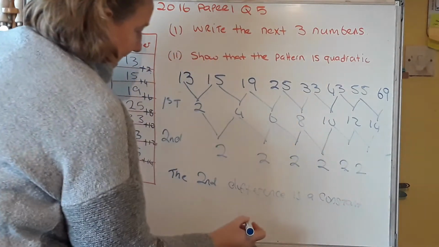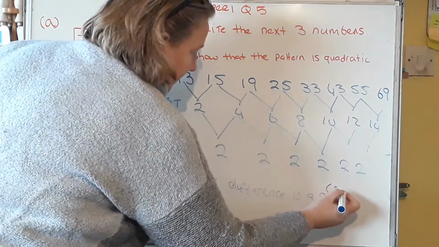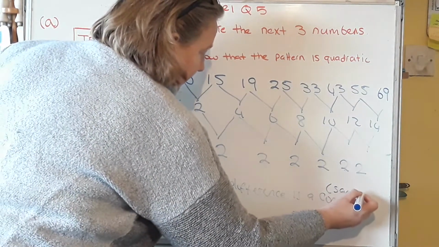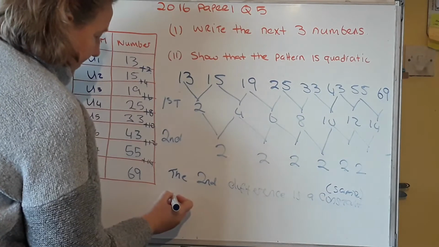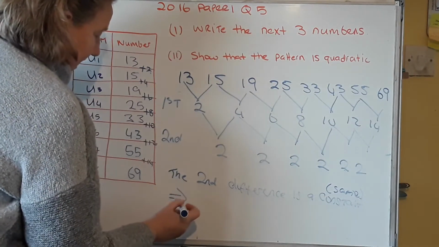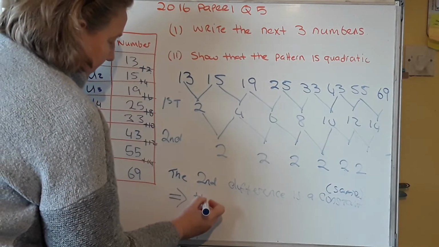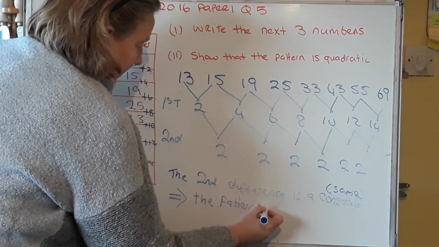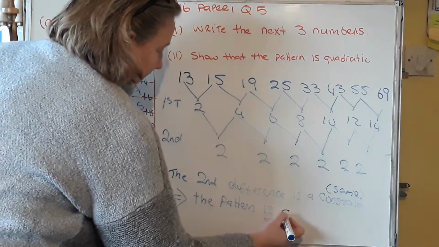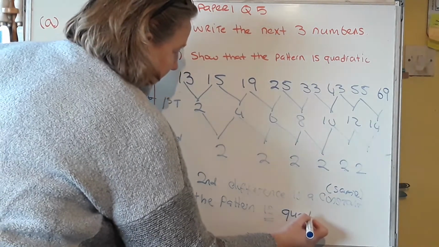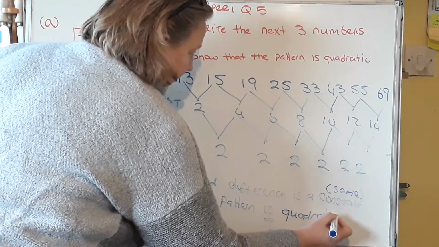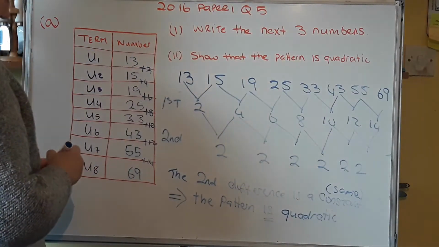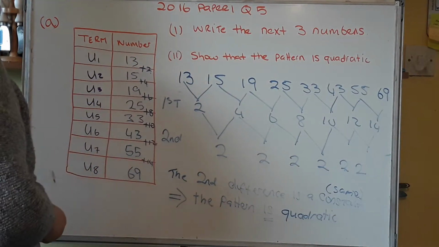That means it's the same number. Therefore, you can write: therefore, the pattern is quadratic. Okay, and that is how you do that one.